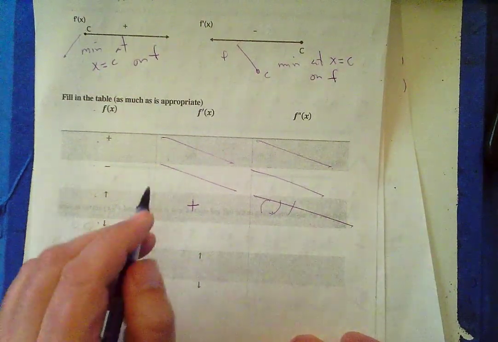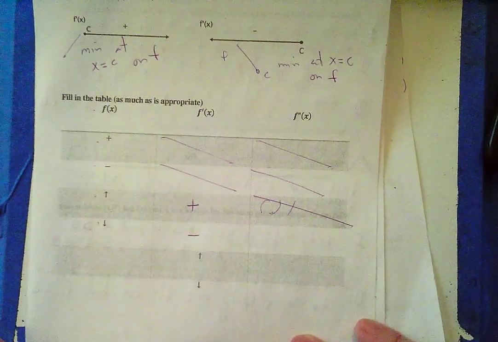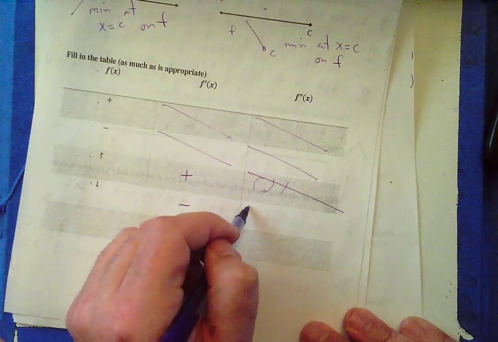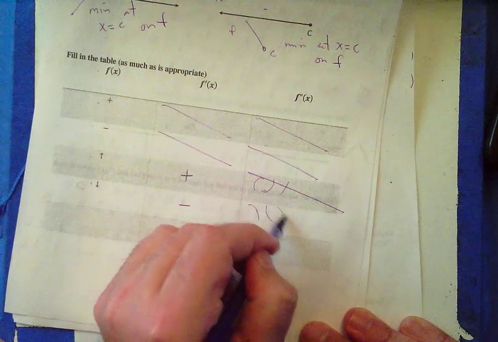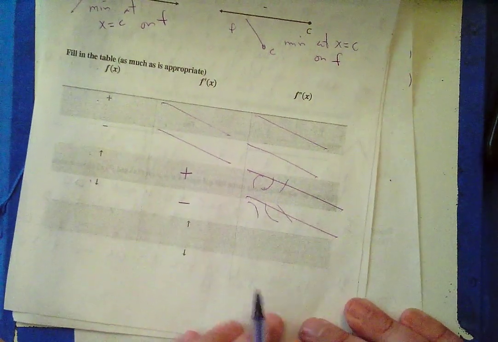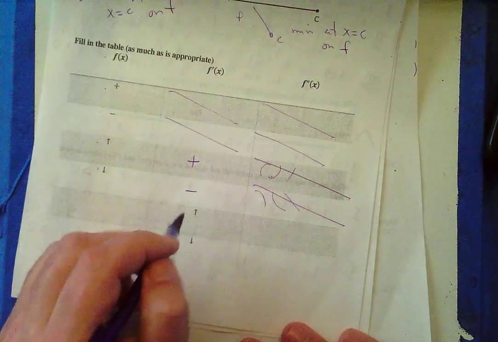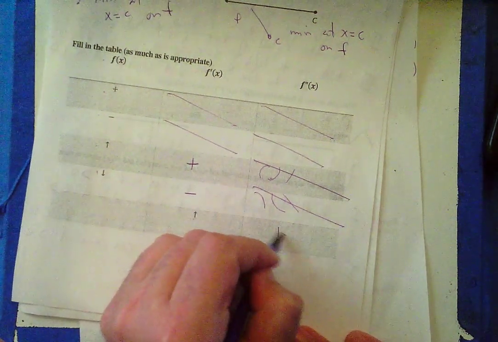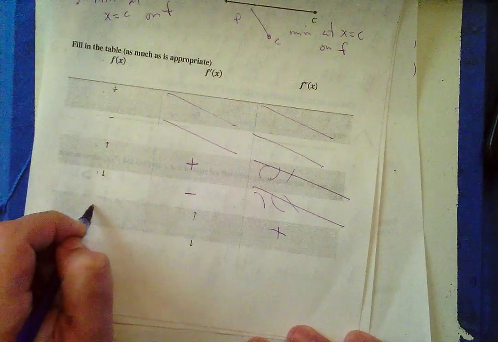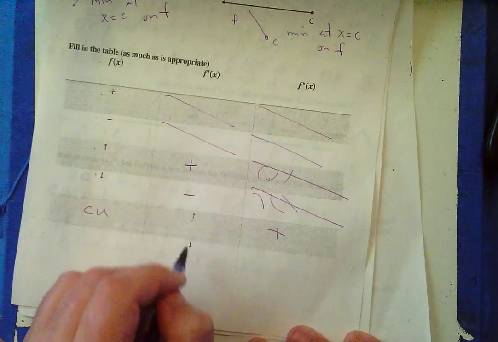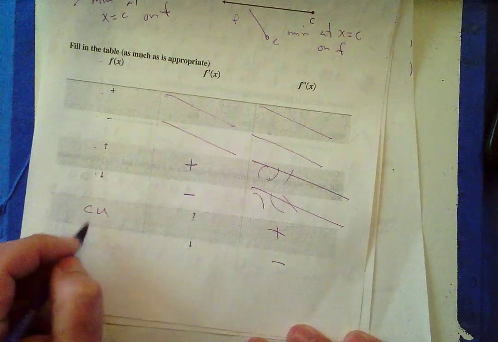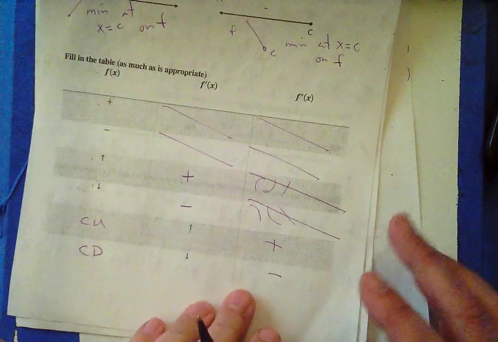If f is decreasing, then f prime is negative. And again, I don't know if I'm decreasing this way, or this way, so I don't know anything about concavity. Now, if f prime is increasing, then f double prime is positive, and therefore f is concave up. And if f prime is decreasing, f double prime would be negative, and therefore f would be concave down.